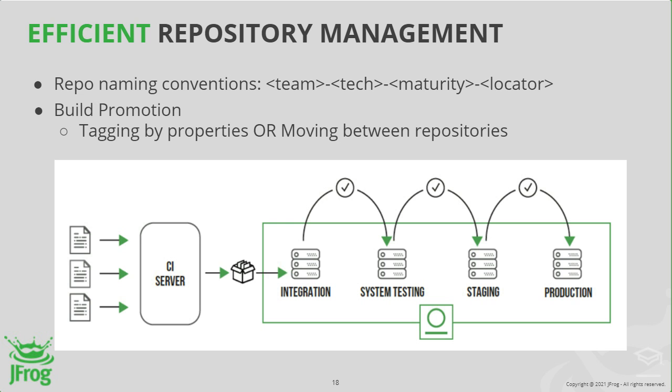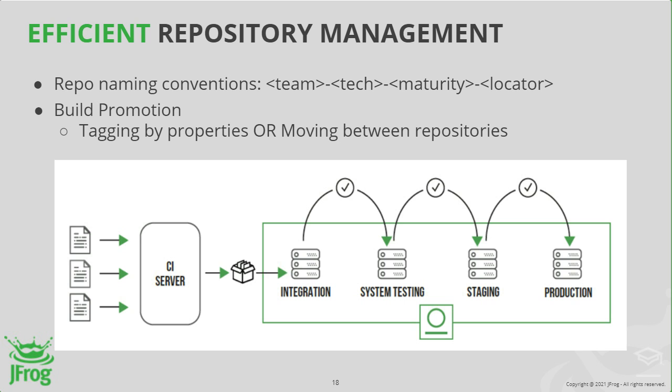Then we want to mark the maturity of the repository. So for example, we could have a local repository that is used for development, and a local repository that is used for QA, and a local repository that is used for production. Again, we can infer the maturity of the repository through its name. And last but not least is the locator.